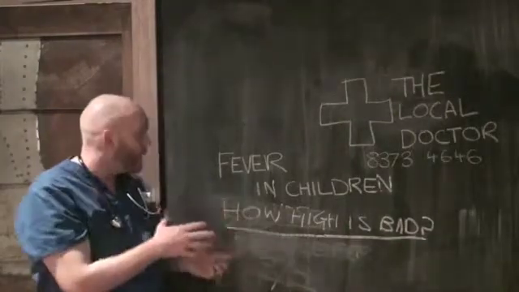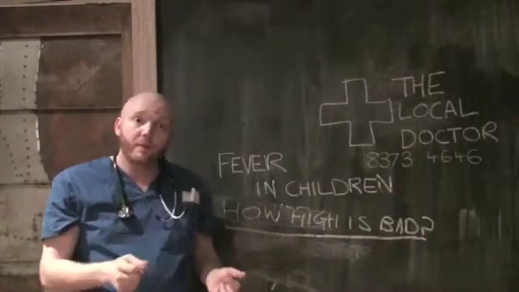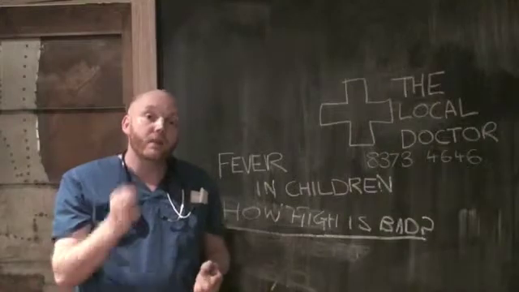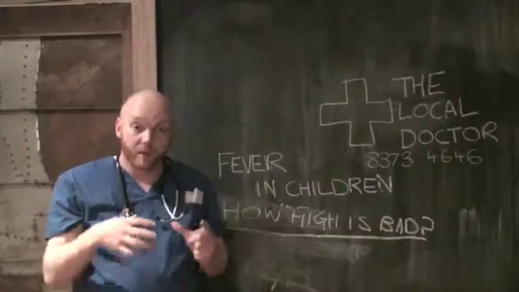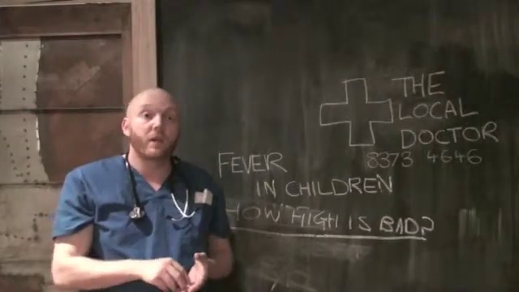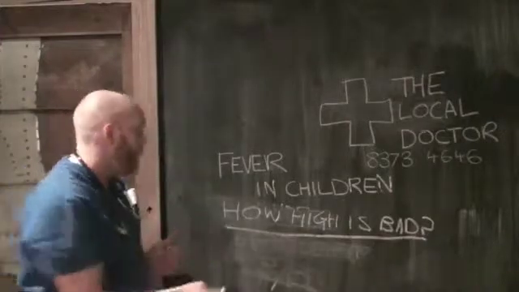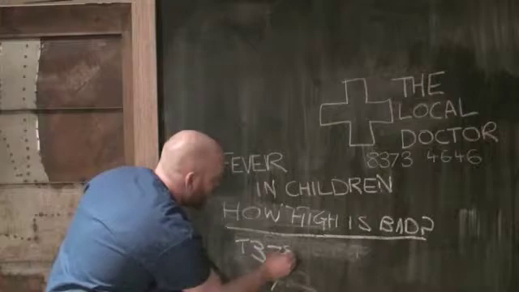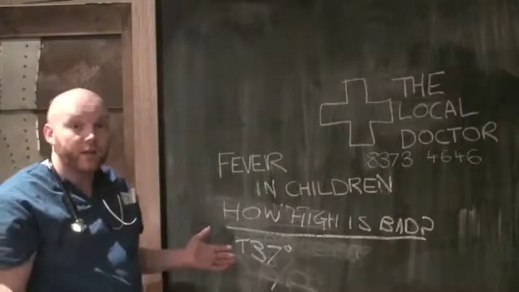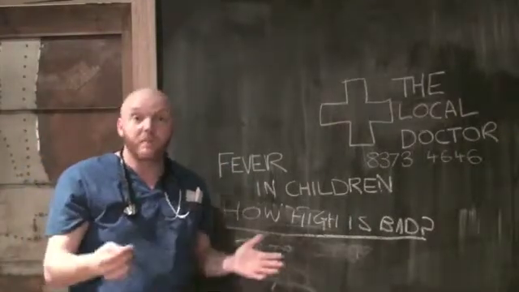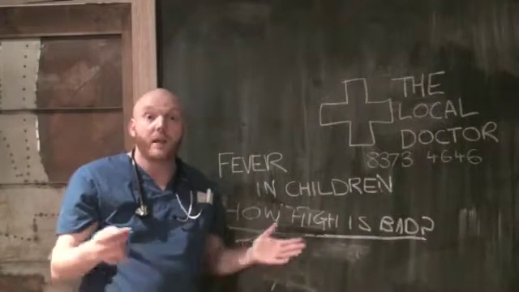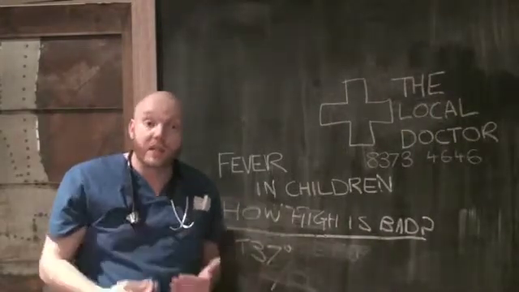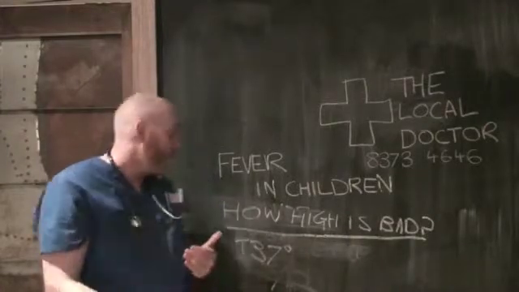Now, going back to everything I've said about fever, the height of the fever is not an important part of that fever. So children can have a normal temperature, a temperature of 37 degrees, and have appendicitis, meningitis, bad serious causes of infection that need urgent attention.